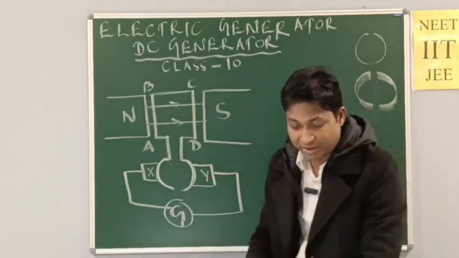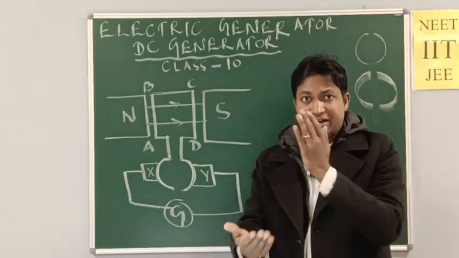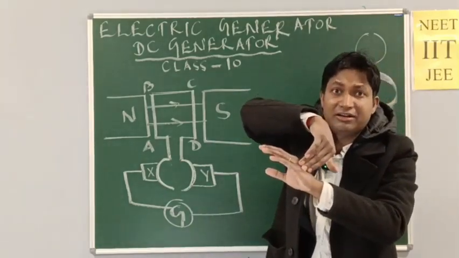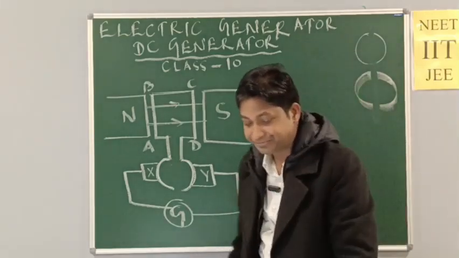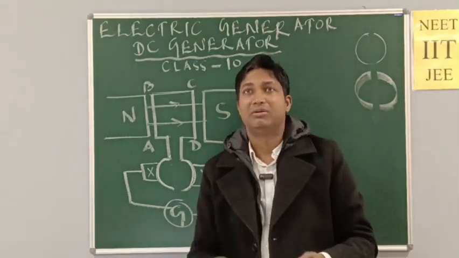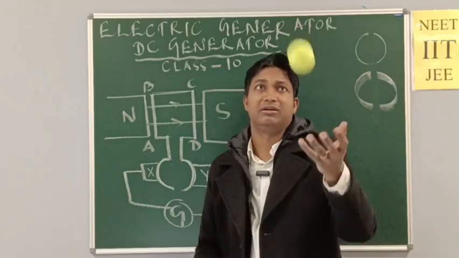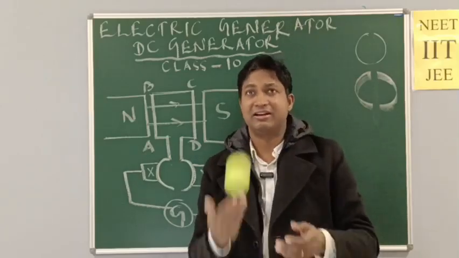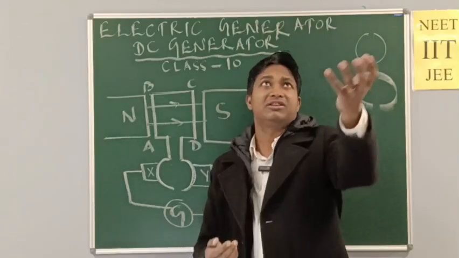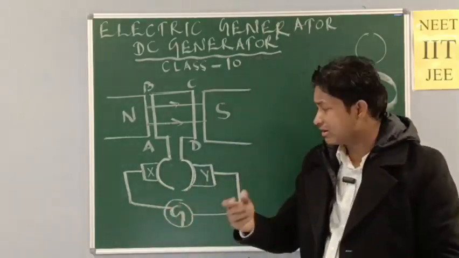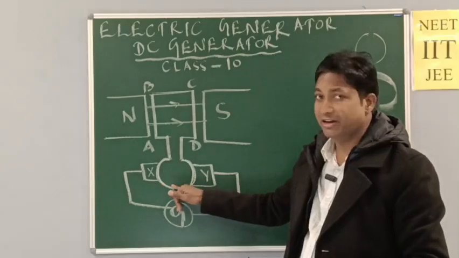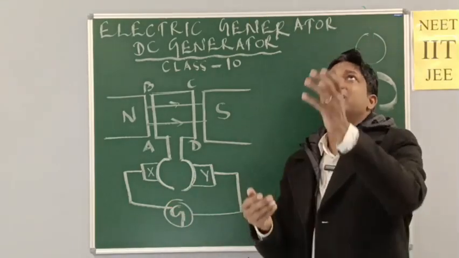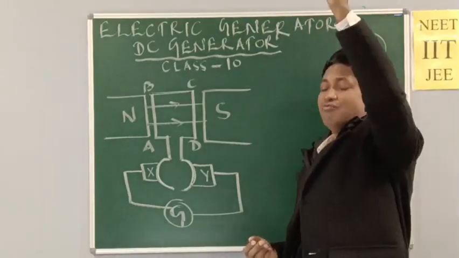That is why the split ring and carbon brush are in contact with each other. Next. Now working. You understand the principle as in the AC generator. Construction is something different. What? Only here I am taking a split ring. That's all. Working? Okay, let's start working.